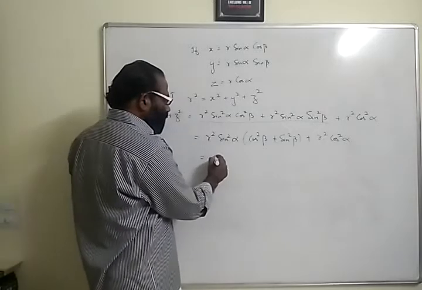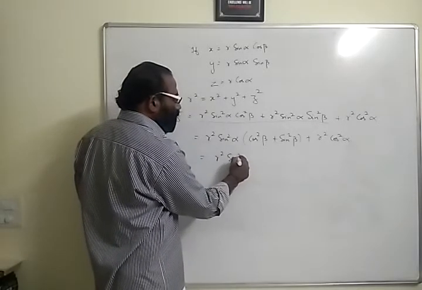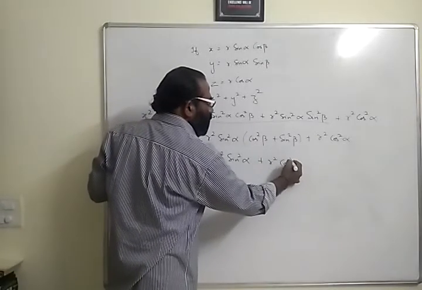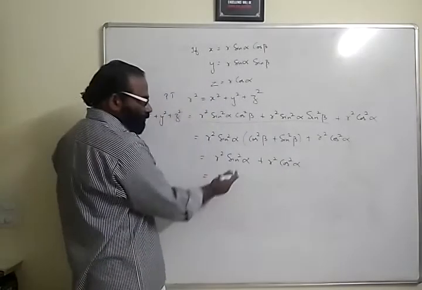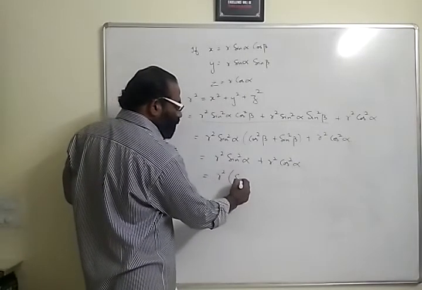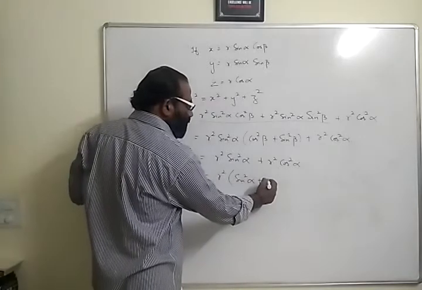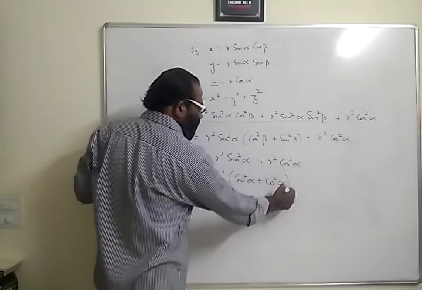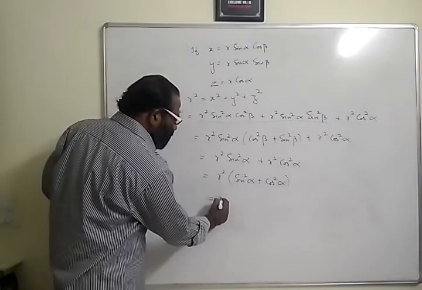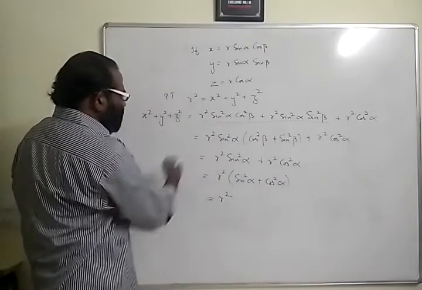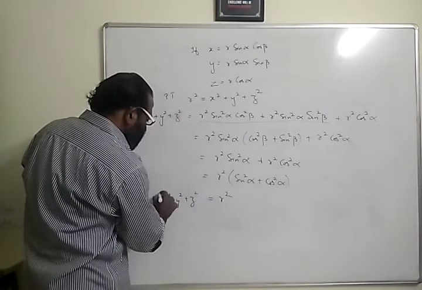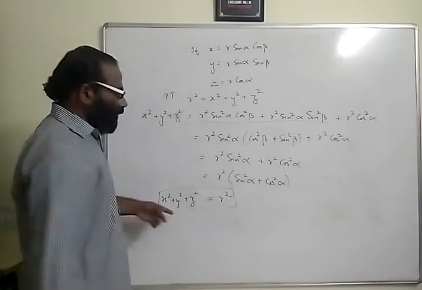So here we have r squared sine squared alpha, the whole thing becomes 1, plus r squared cos squared alpha. So in these two terms r squared is common. Let's take it out. R squared into sine squared alpha plus cos squared alpha. Sine squared alpha plus cos squared alpha is 1. So this is equal to r squared, which is the left hand side. So we have proved that x squared plus y squared plus z squared equals r squared.